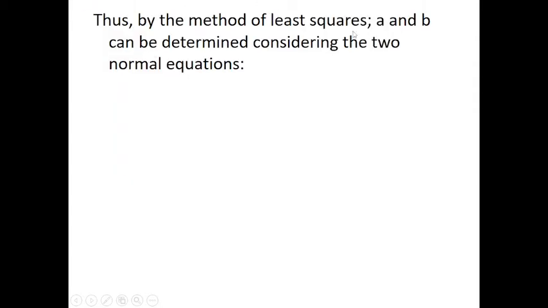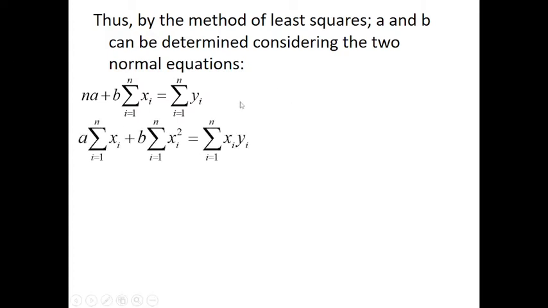Thus, by the method of least squares, A and B can be determined considering the two normal equations. So, ito yung summary. Okay? So, memorize nyo na lang, ang haba ng derivation. Okay? And A plus B summation xi equals summation yi. A summation xi plus B summation xi squared equals summation xi yi. Diba? So, yun yun.